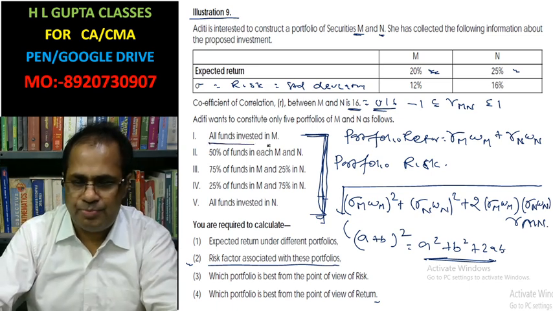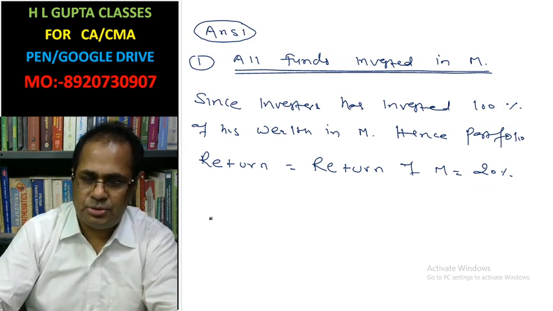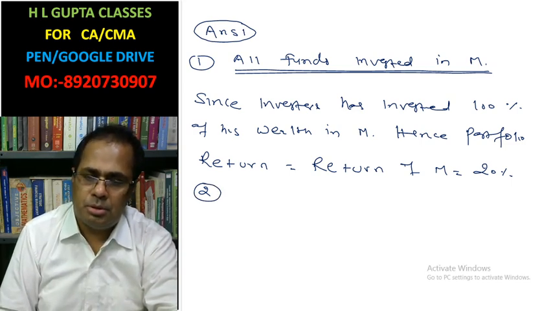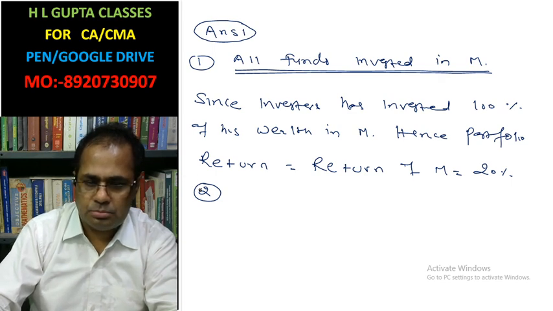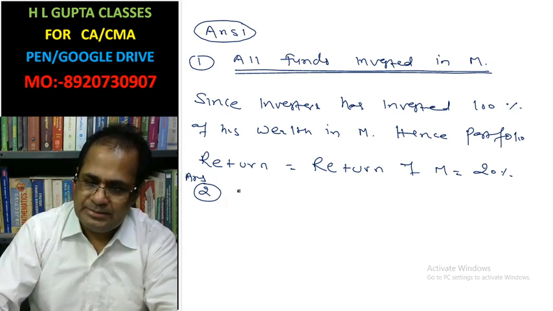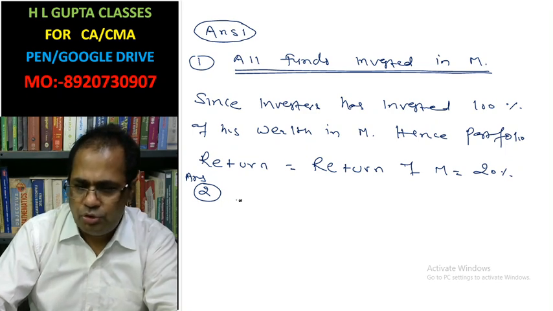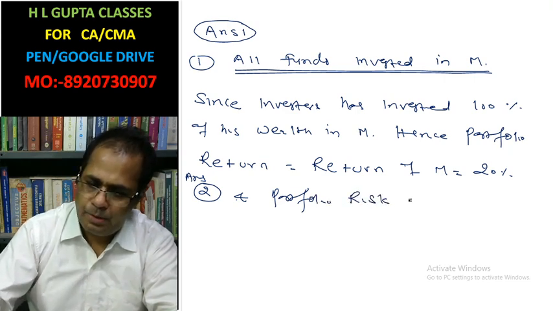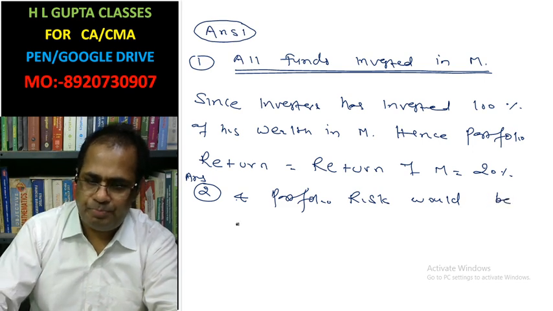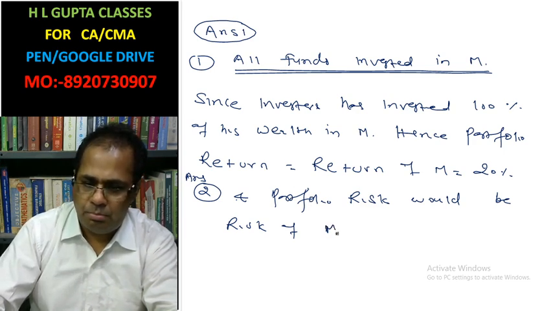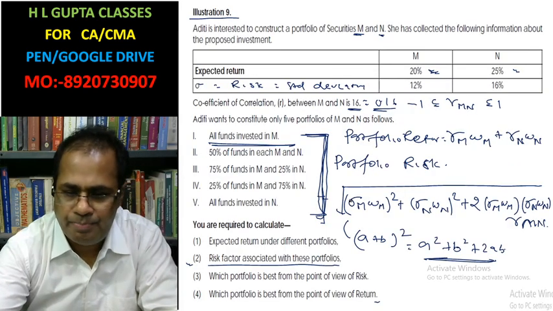In the first case, all funds are invested in M, hence portfolio return is this, and portfolio risk would be the risk of M. What is the risk of M?